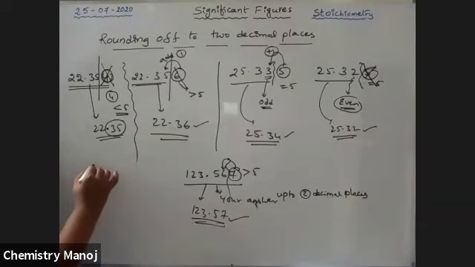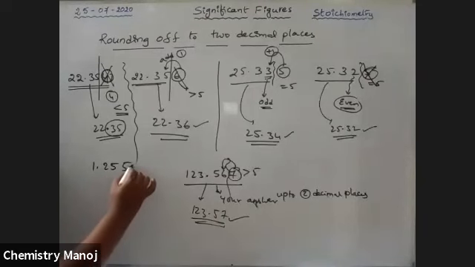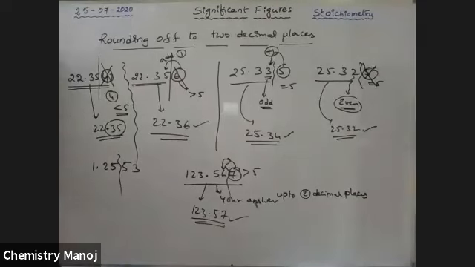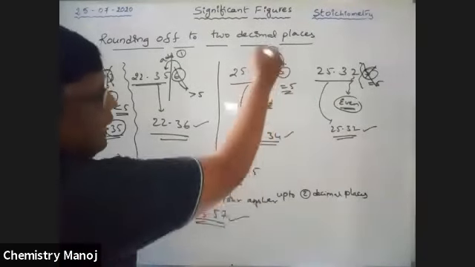Next, tell me this answer. 1.2553. So cut here. I am neglecting 5. If it is a 5 and the previous number is odd, add 1.